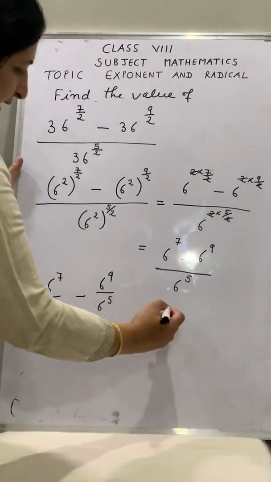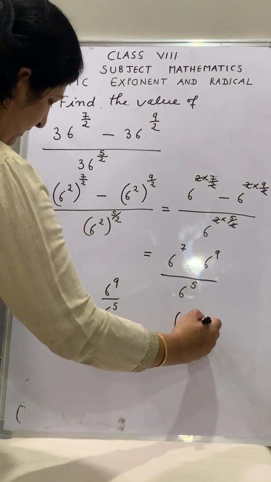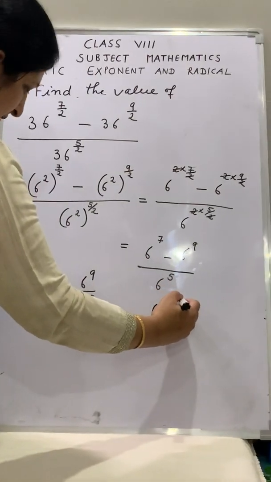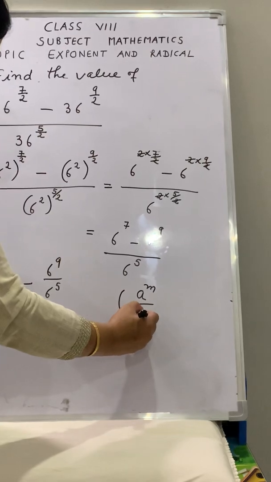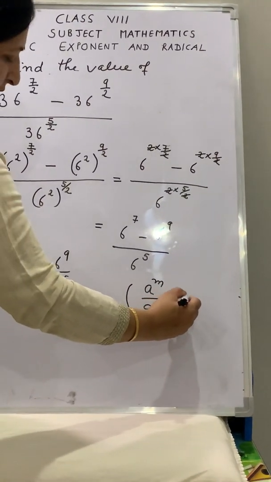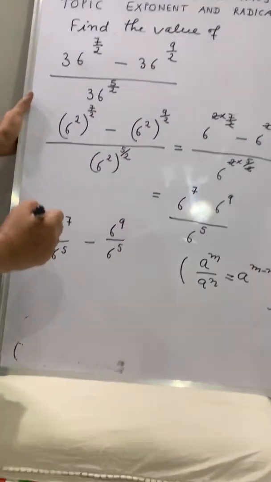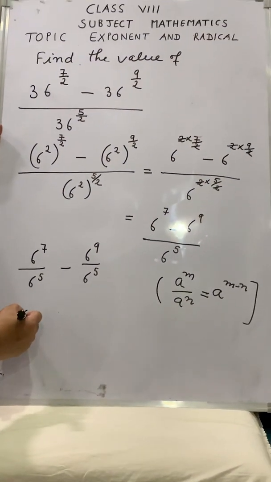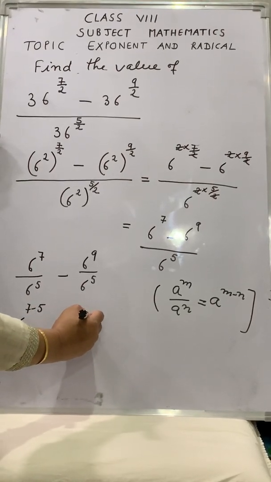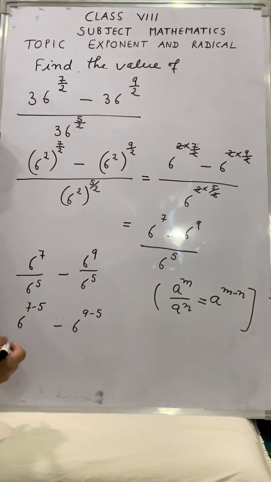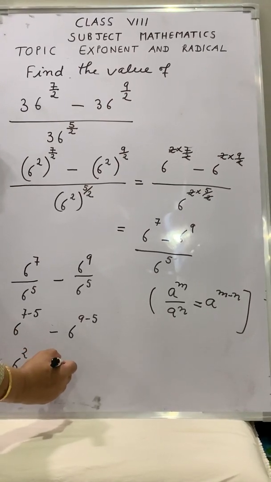Now we will apply a raised to power m by a raised to power n is a raised to power m minus n here. Write in bracket: 6 raised to power 7 minus 5 minus 6 raised to power 9 minus 5. 6 raised to power 7 minus 5 is 2, minus 6 raised to power 4.